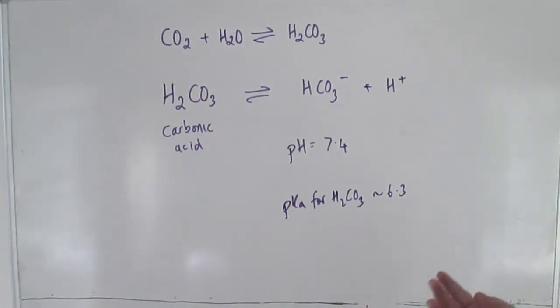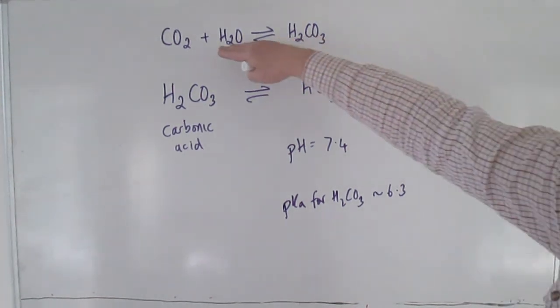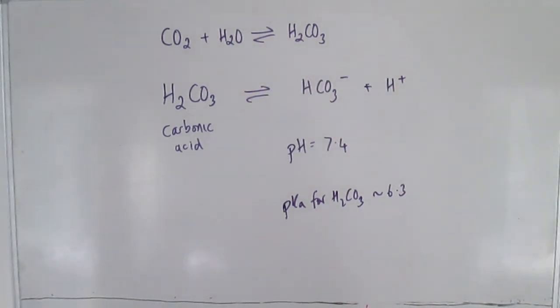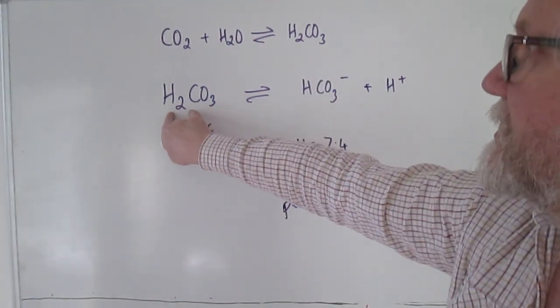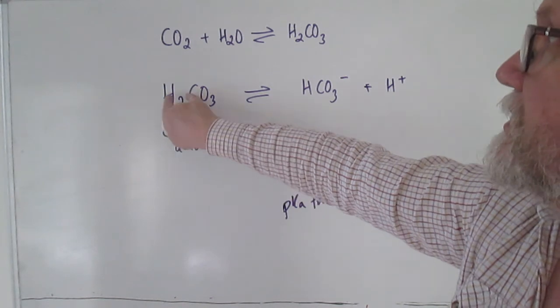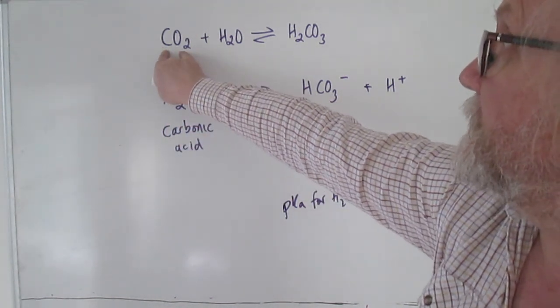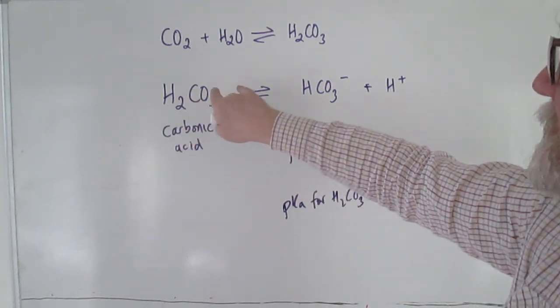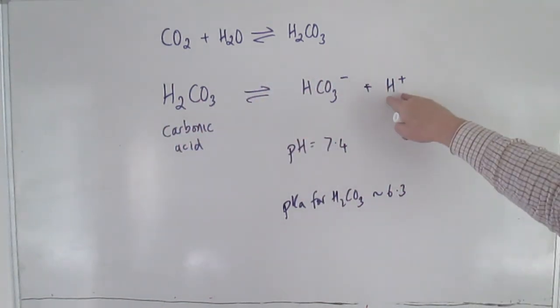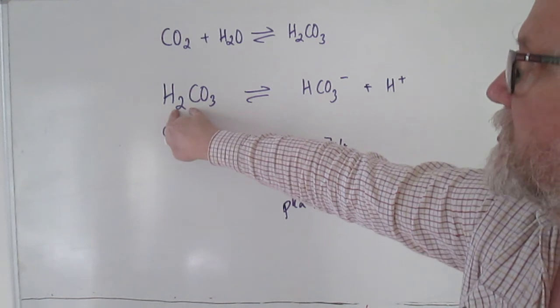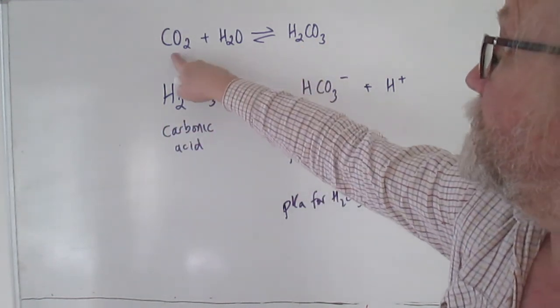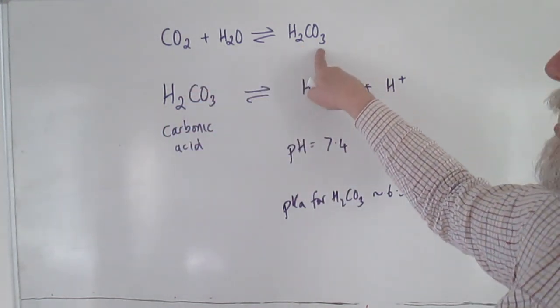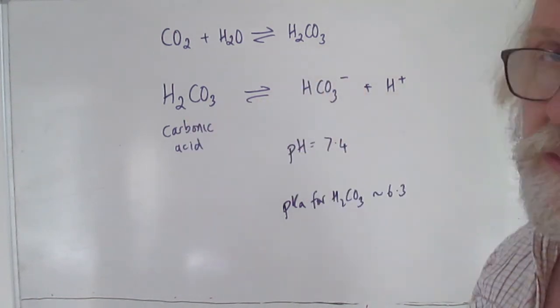So you might think, oh, is that going to be a problem? And the answer to that is, well, no. And one reason for that is this equilibrium. Because remember, although there isn't very much H2CO3 in the blood, there's also quite a lot of unreacted CO2. So what will happen is that if this equilibrium shifts to the right to oppose a decrease in H plus, the concentration of H2CO3 decreases, but then the CO2 equilibrium shifts to the right to compensate for it and gives you more H2CO3.